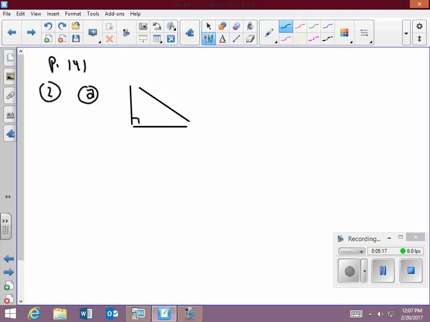This is 90. And then they have x plus 4, 8 centimeters, and x.